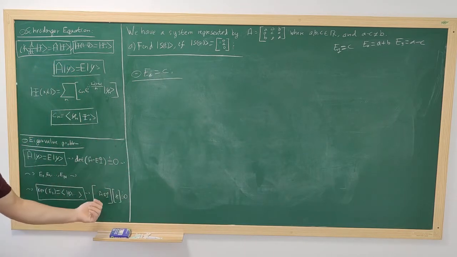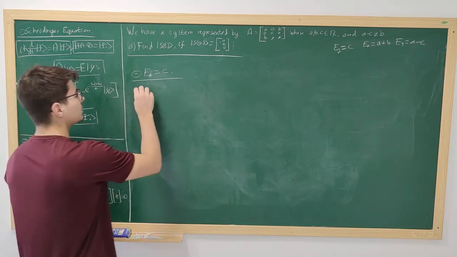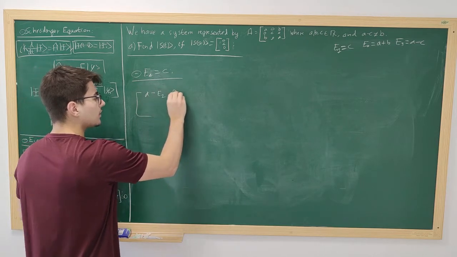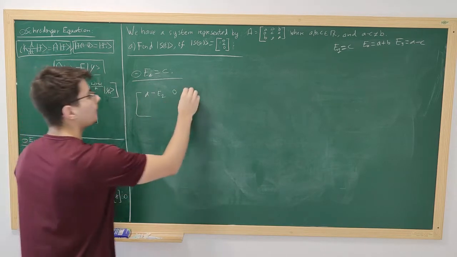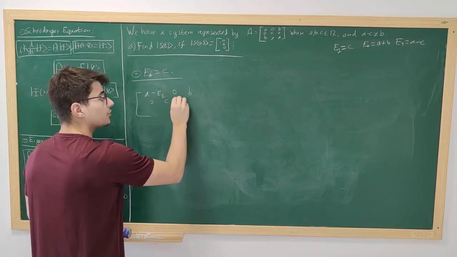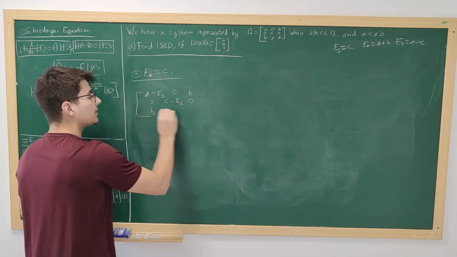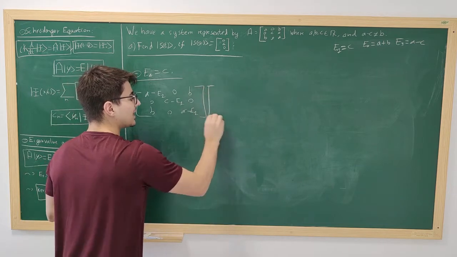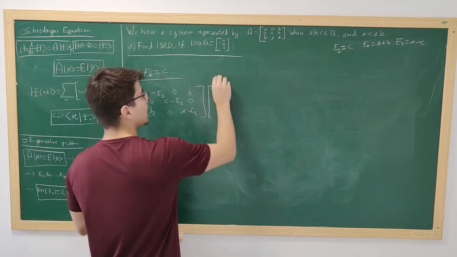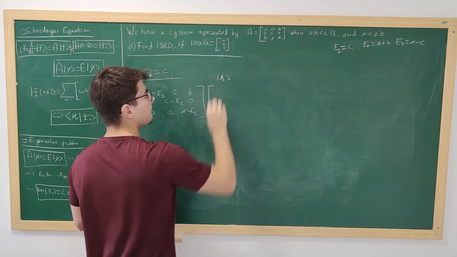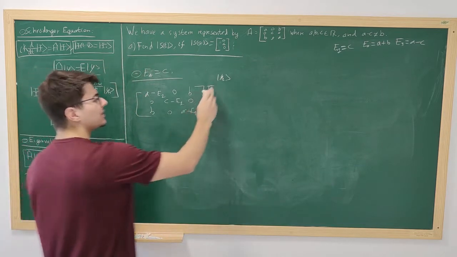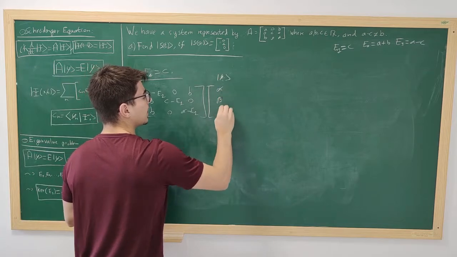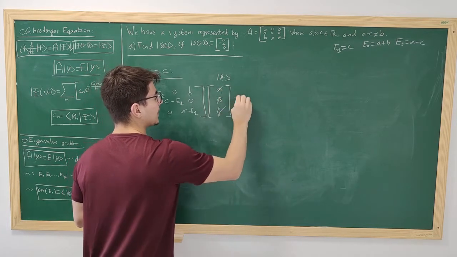We have to solve this system of equations, which is the matrix with rows (a minus E1, 0, b), (0, c minus E1, 0), and (b, 0, a minus E1), times our eigenvector, which we'll call phi 1, with components alpha, beta, and gamma.